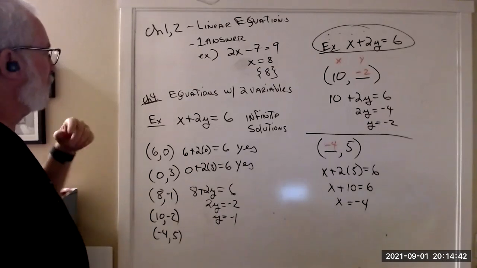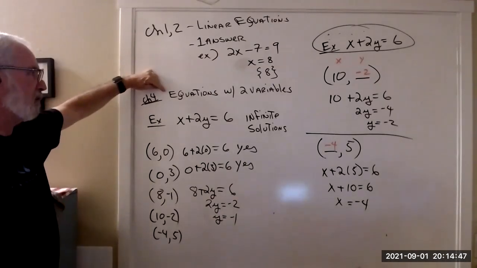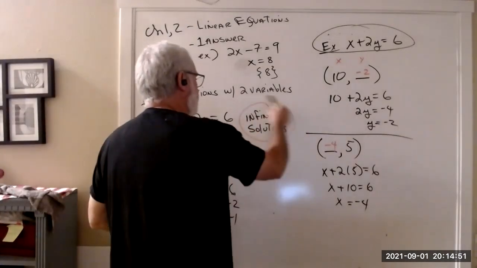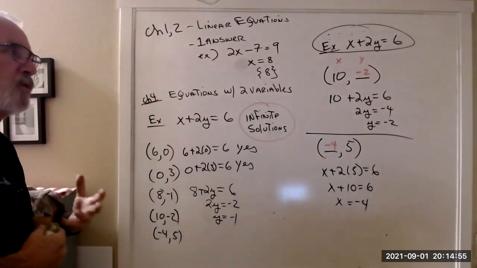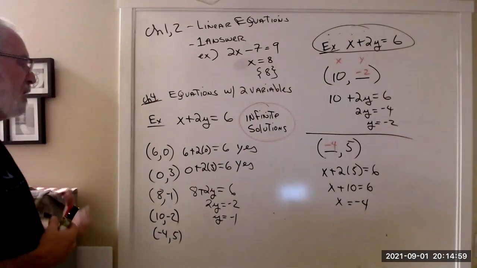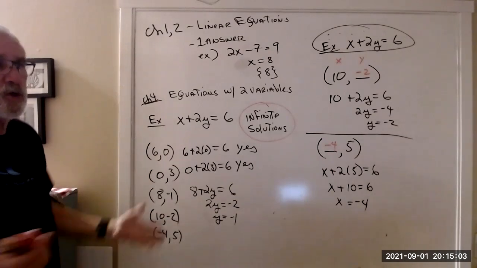But I started this by talking about equations with two variables have infinite solutions. Okay. It would be wrong of me to ask you to give me all of the solutions. You couldn't.